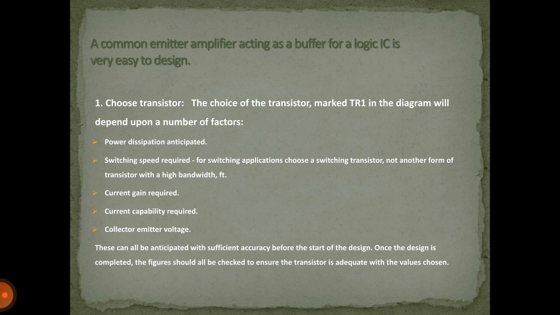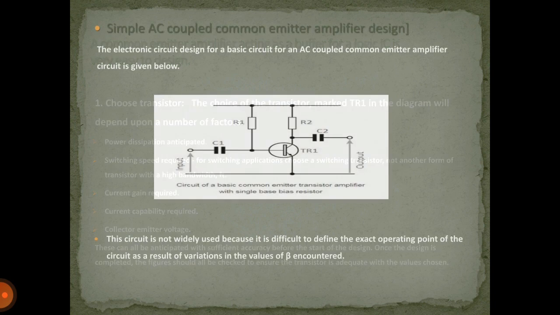Current gain required, current capability required, collector emitter voltage. These can all be anticipated with sufficient accuracy before the start of design. Once the design is completed, the figures should be checked to ensure the transistor is adequate for the values chosen.